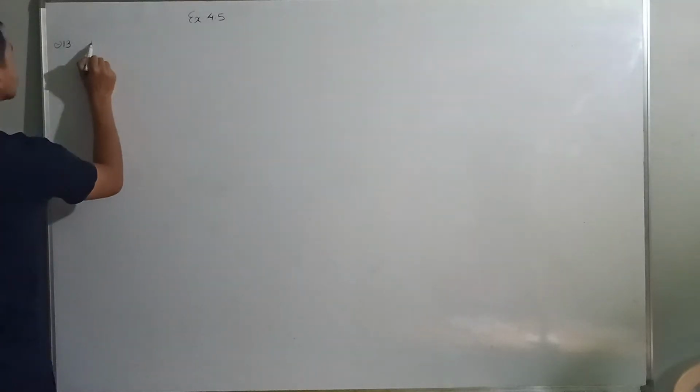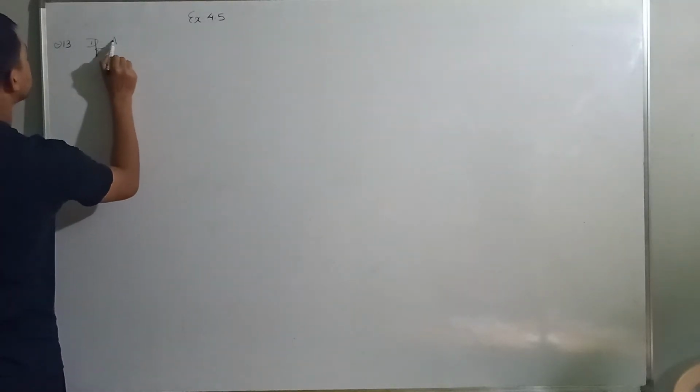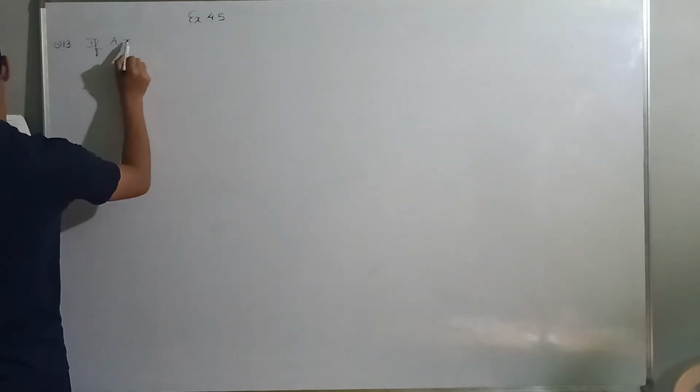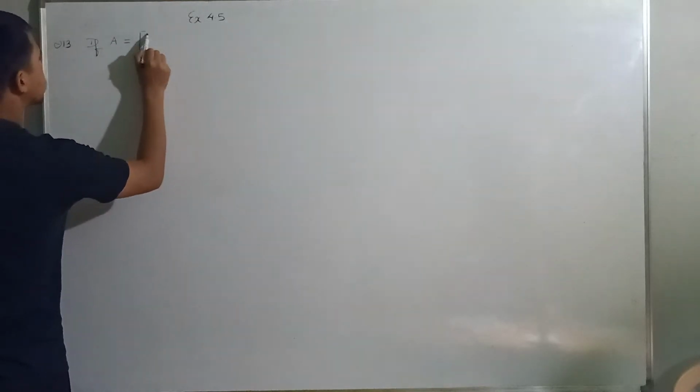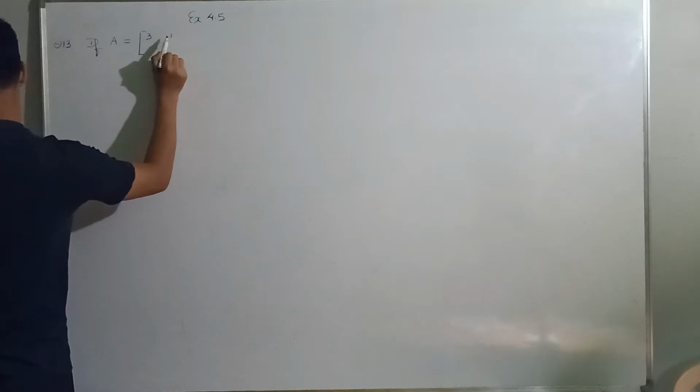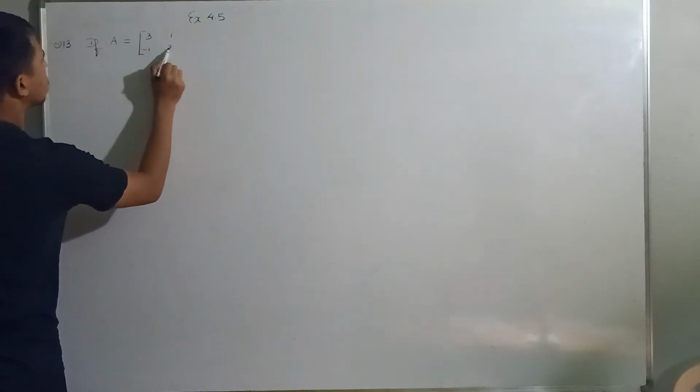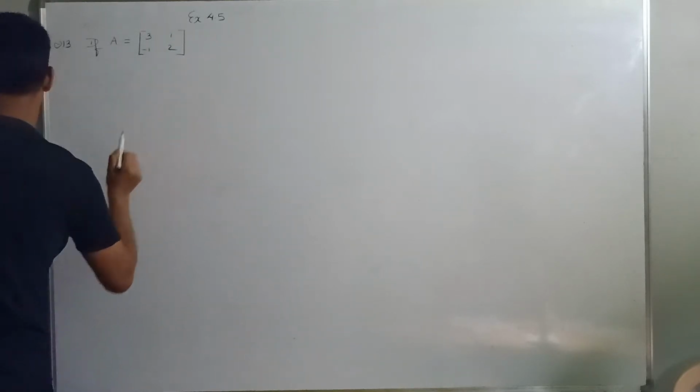A is a matrix, so it's given if A is equal to the matrix 3, 1, minus 1, 2. So A is a matrix of order 2.